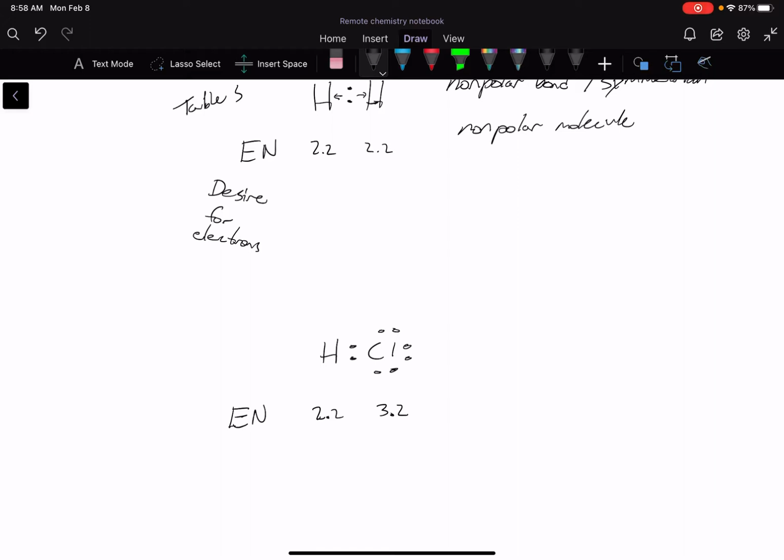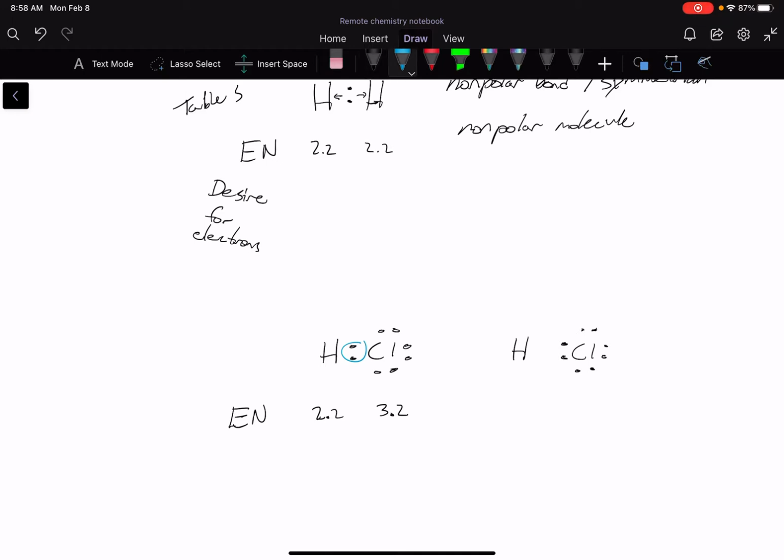And so chlorine is going to have a stronger pull on these electrons that are shared between the hydrogen and the chlorine. And so a more accurate depiction of this molecule would look more like this. So those electrons are being pulled more towards the chlorine.